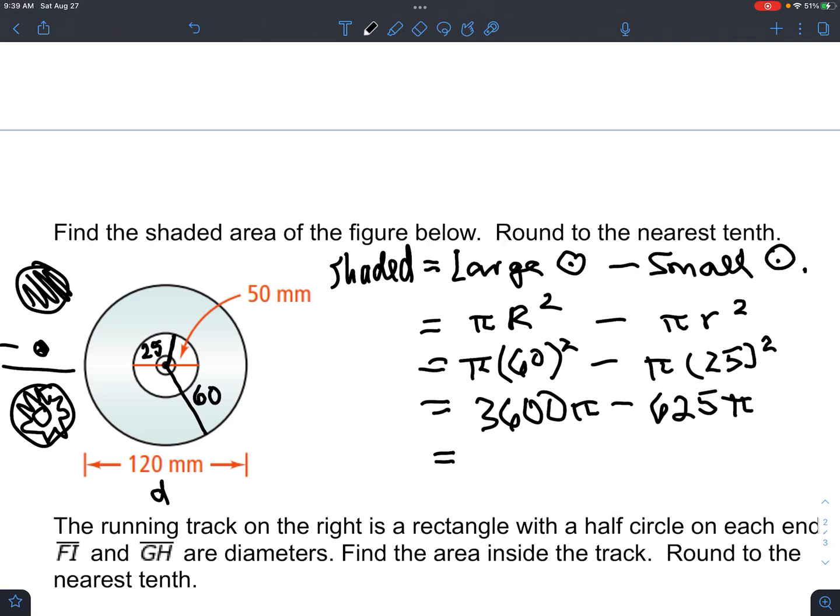And you could just type that in your calculator, or, this is kind of like combining like terms, right? So I think this should be 2975 pi. Let me pull out my calculator and make sure that I did that right. Yep.